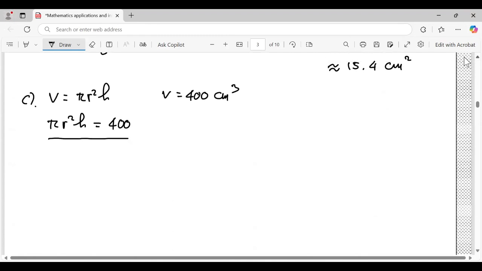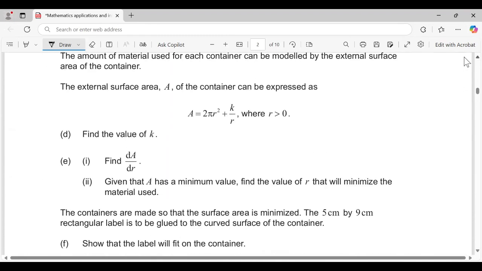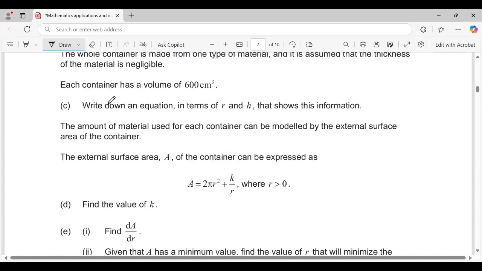Next question, D. The amount of material used for each container can be modeled by the external surface area of the container. The external surface area A of the container can be expressed as 1.